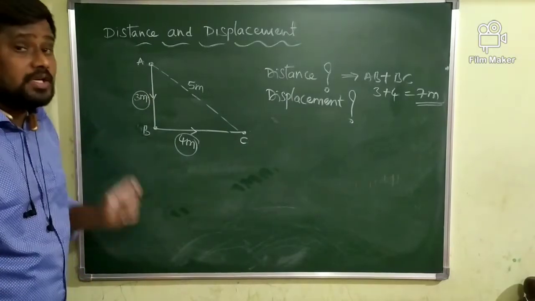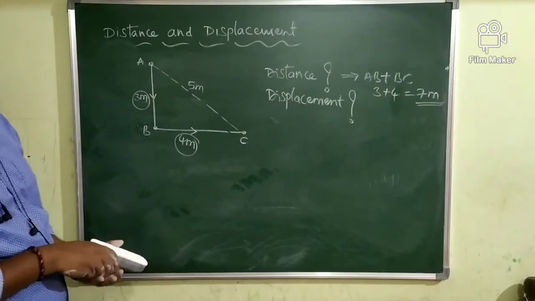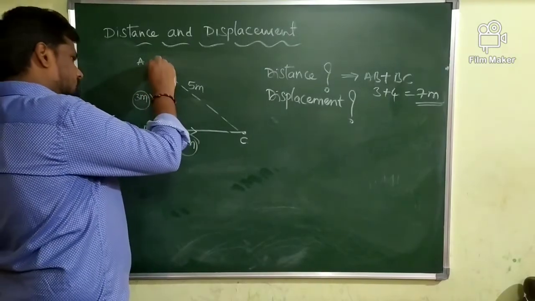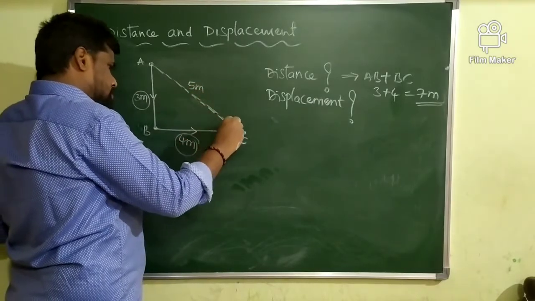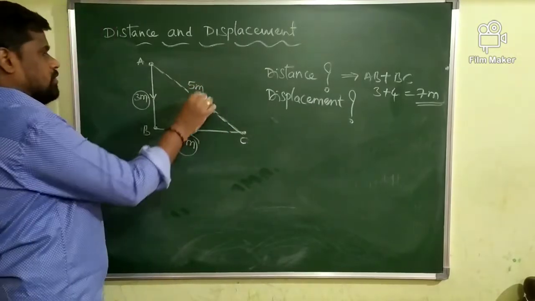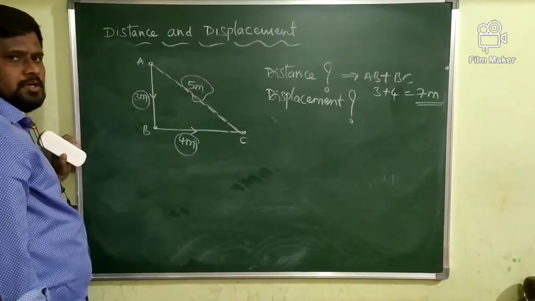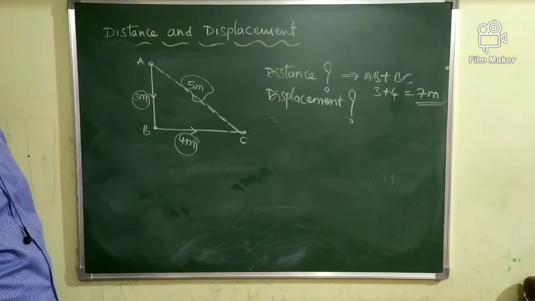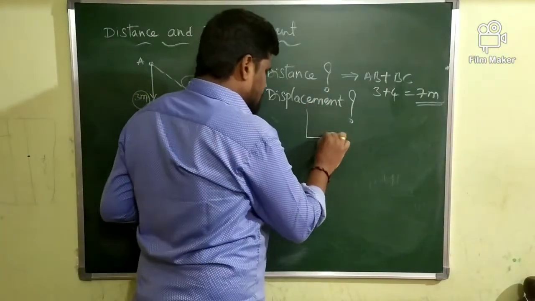Which is the shortest distance from A to C? Draw a straight line. This is the shortest distance from initial position to final position. That shortest distance from initial position to final position we will call as displacement. Therefore, what is displacement here?